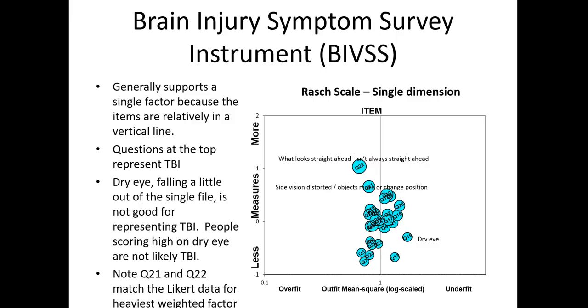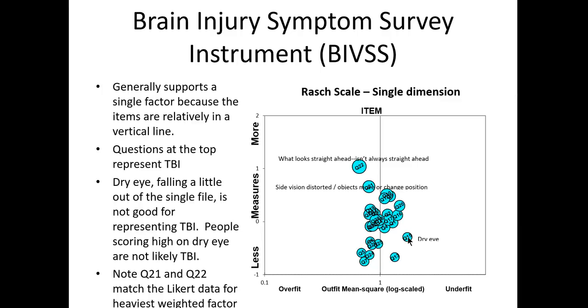But it turns out that some of the questions that don't fit too well, like number 22 and maybe 21, match the ones from the Likert scale data: what straight ahead is, and the dry eye question is kind of off a little bit. It's not terrible, but it's off a little bit.